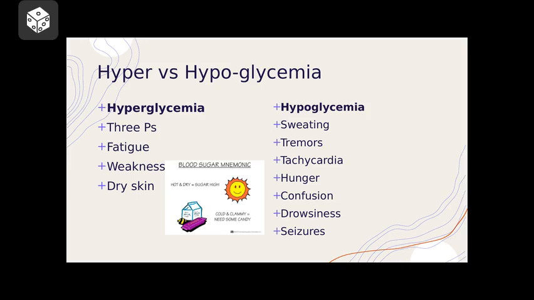So hypoglycemia, we see sweating, we see tremors, you start to see tachycardia. Then you're going to see the patient's feeling hungry. You're going to see those changes in the brain because it needs the glucose. Confusion, drowsiness can even lead to seizures. So hypoglycemia, we say cold and clammy, need some candy.